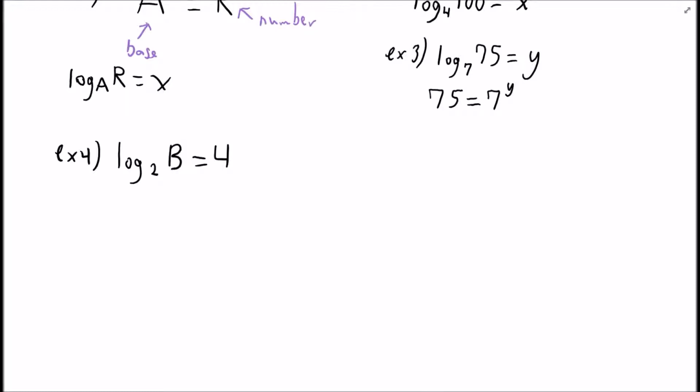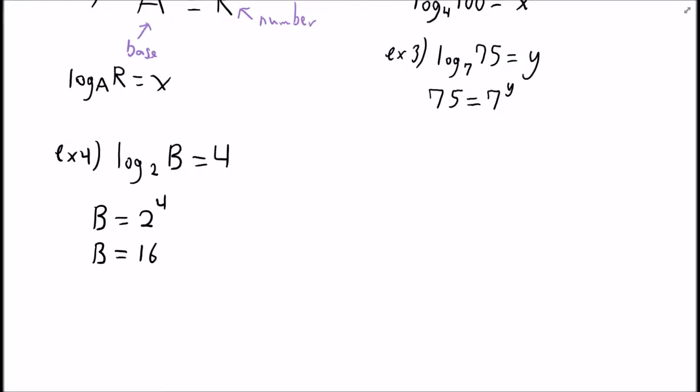So in order to solve this, I need to change it back into index form. So we start with writing the value, the number, and in this case the number is b, we don't know that, equals the base 2 to the exponent, and the exponent was 4. So I can evaluate 2 to the power of 4, that's 16, so therefore b must be equal to 16.